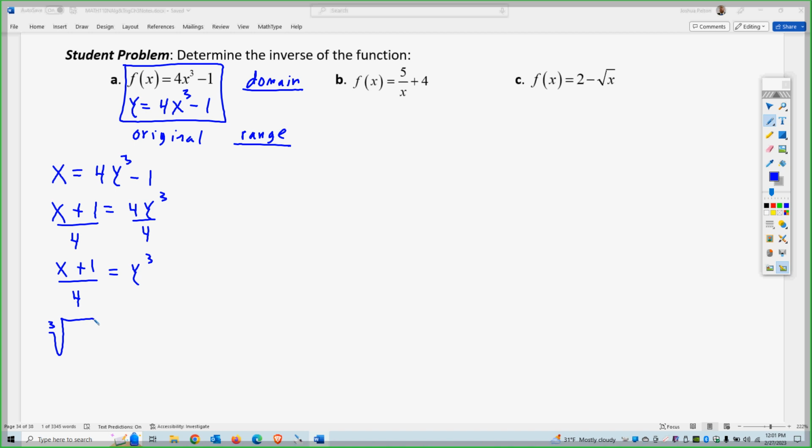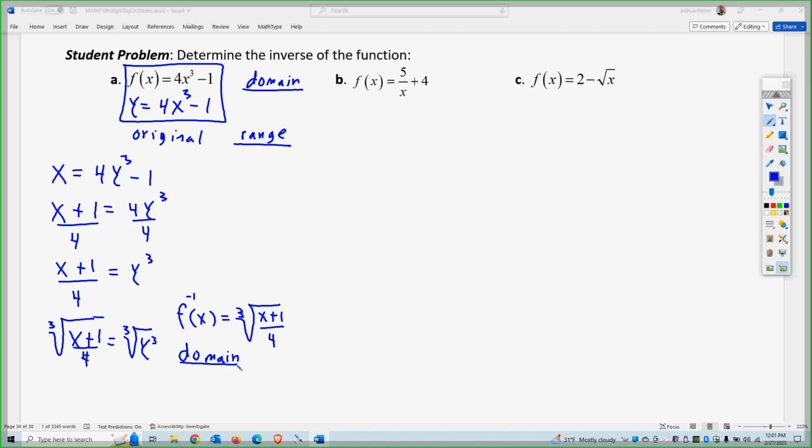So the third root of x plus 1 over 4 equals the third root of y to the third, all right? So essentially my inverse is f inverse of x equals the third root of x plus 1 over 4.